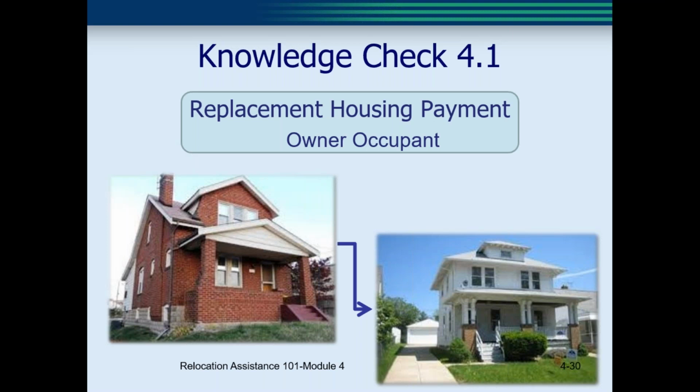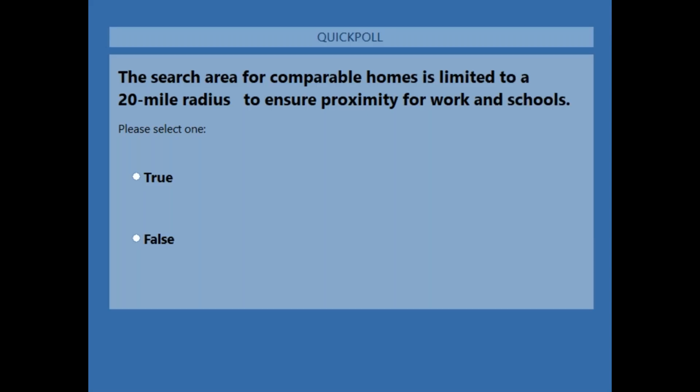Okay, question number 2. The search area for comparable homes is limited to a 20-mile radius to ensure the proximity for work and for schools.